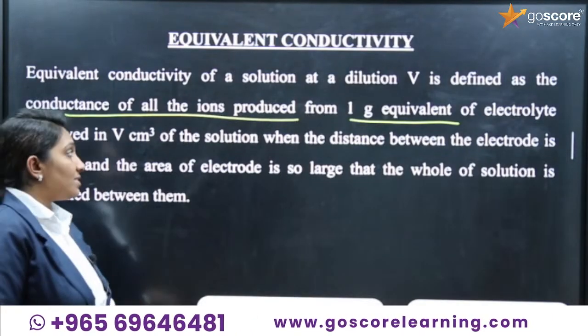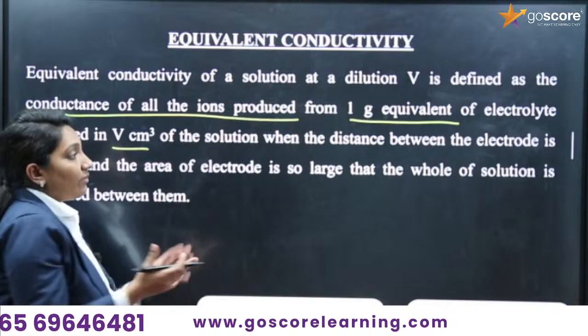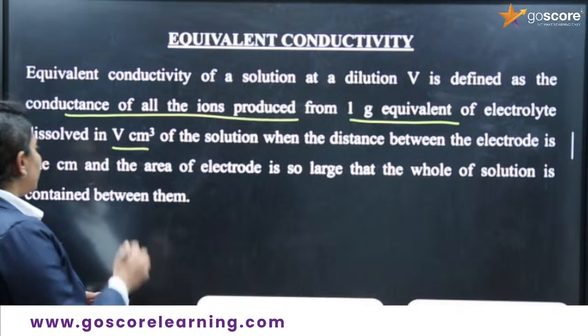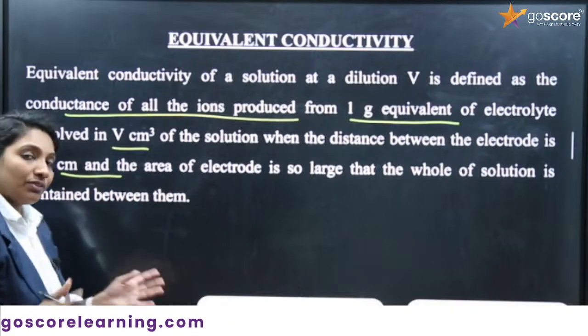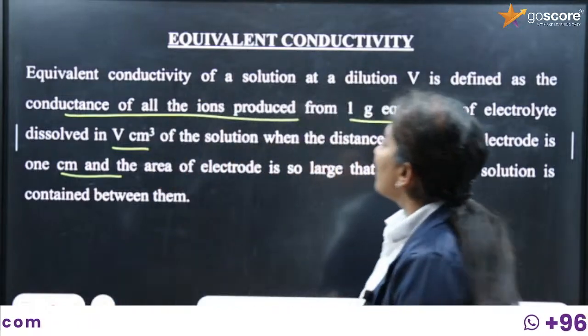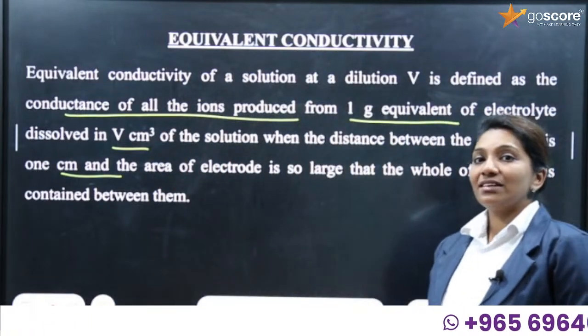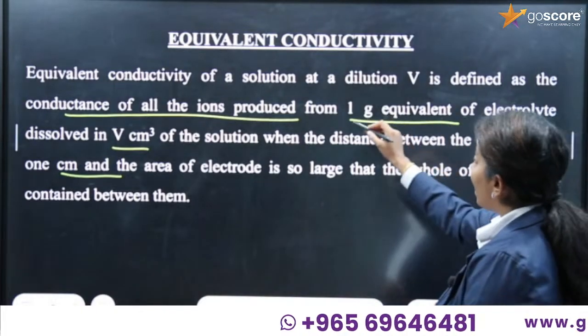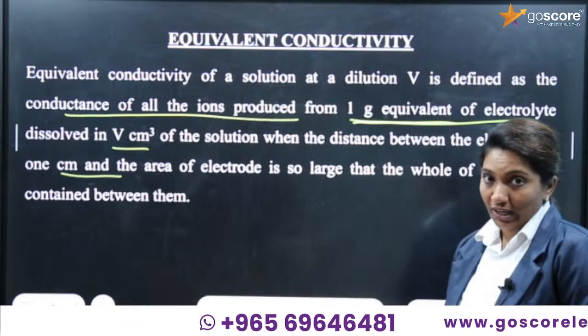We are dissolving it in V centimeter cube of the solution, where the distance between the electrodes is kept 1 centimeter apart and the area of the electrodes is so large that the solution is contained within it. So equivalent conductivity is the conductance of all the ions produced when you dilute 1 gram equivalent of the electrolyte.